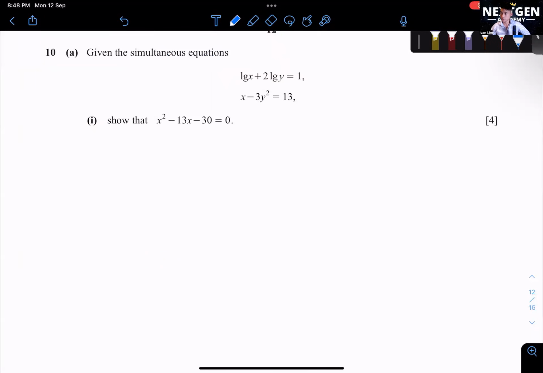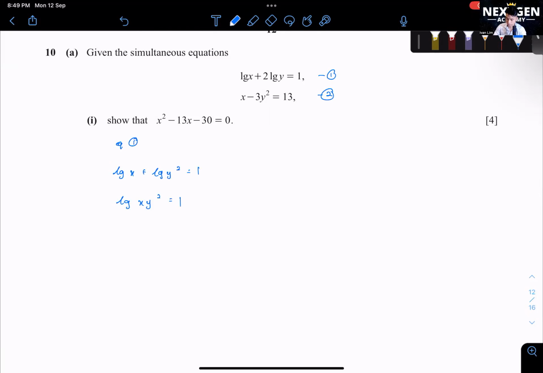This is just a simultaneous equation, but because there's a log, we need to change it first to the same form without a log. From equation 1, I write every step for you. Log x plus log y squared equals 1, log xy squared equals 1.